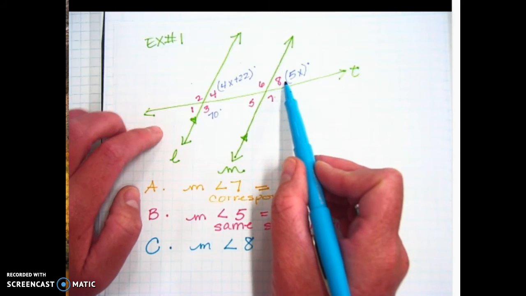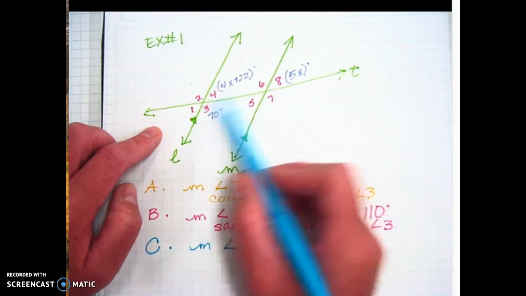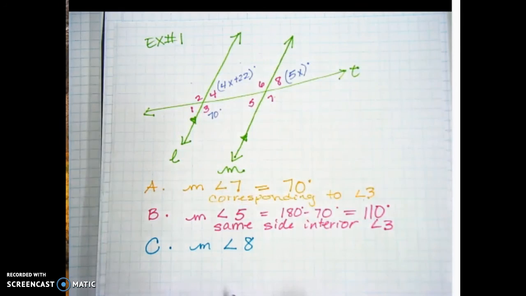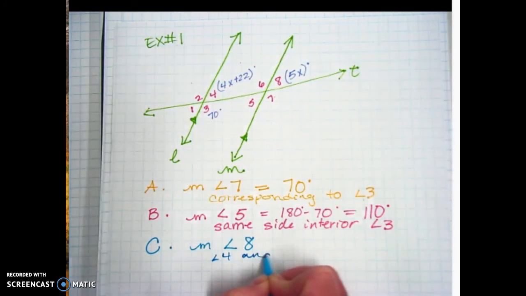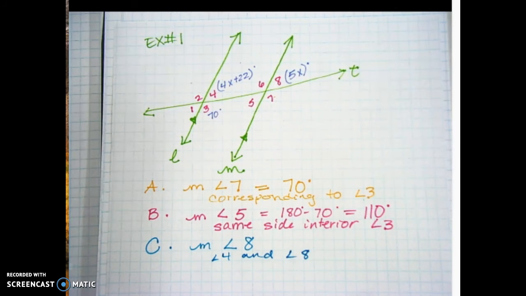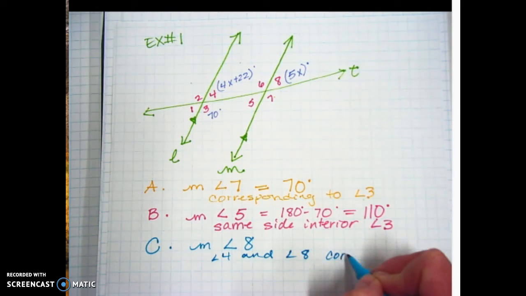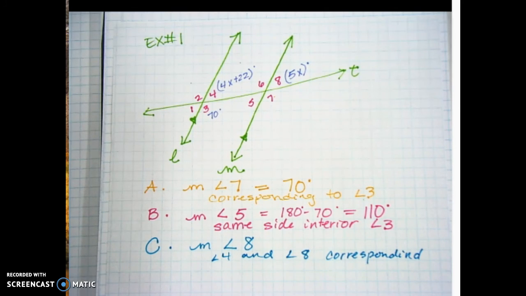Is there an alternate exterior angle to it? Yes, you found it. He found that angle 4 and angle 8 are corresponding. That means that 5x should be equal to 4x plus 22. Okay?